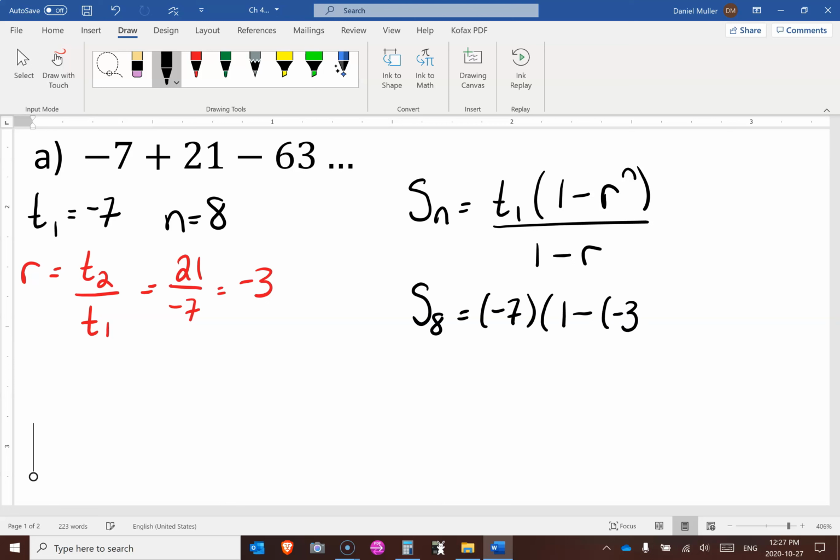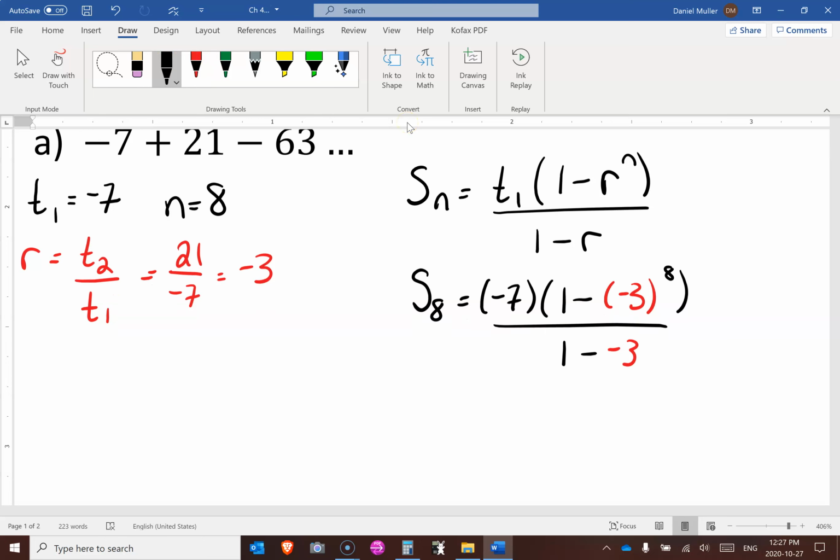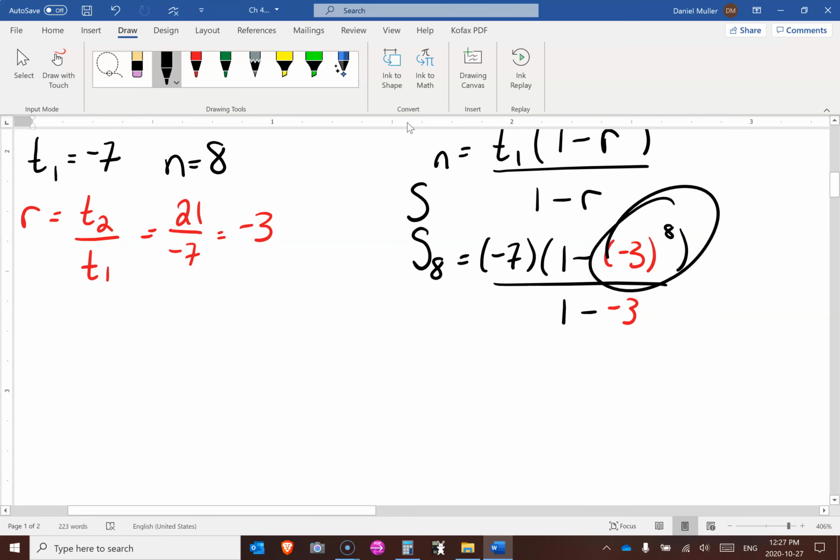Now, because it's negative, I'm going to put it in brackets, because I want to make sure the exponent applies to the 3 and the negative, to the power of n, which is 8, all over 1 minus r. And r here is -3. We're going to need a calculator for this, because I don't know what -3 to the 8 is, and I don't want to multiply -3 eight times.